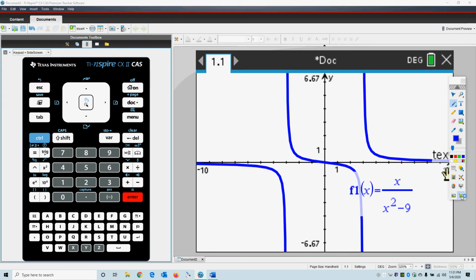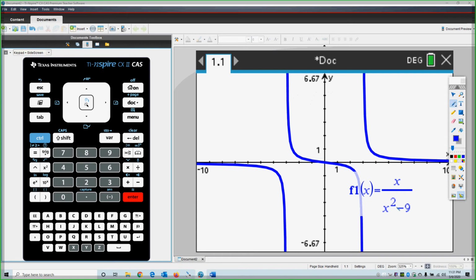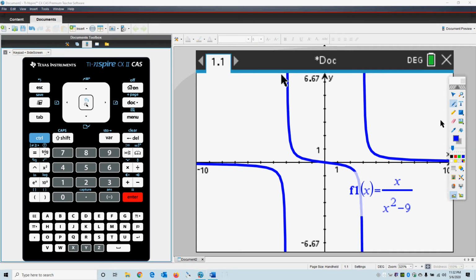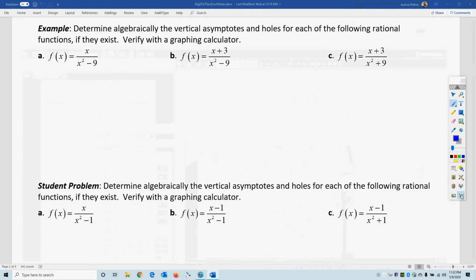And what you'll see is we have two vertical asymptotes, and they're invisible lines that the graph can't cross. A little curvy there, trying to freehand it. So that's x equals negative 3. And right here, again, not very straight, but you get the idea, is x equals 3. No holes. Okay, next problem.